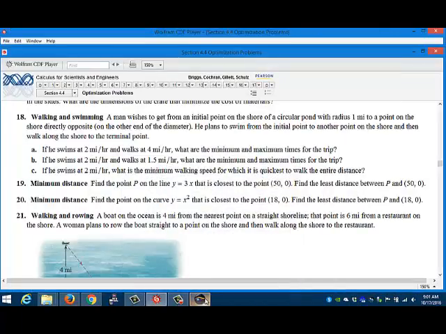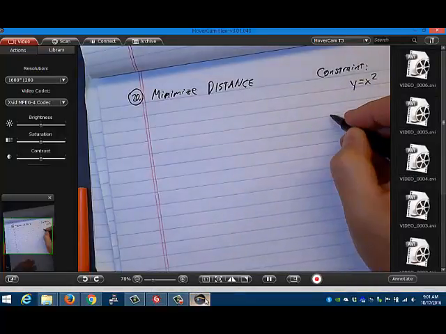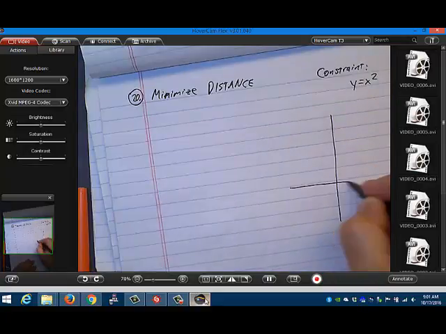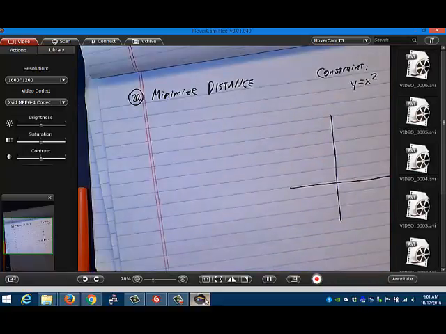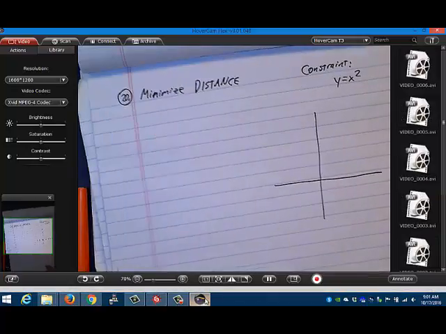Well, find the point on the curve y equals x squared closest to the point 18, 0. So what's the picture? The constraint is really going to be y equals x squared. We're trying to get as close as we can to the point 18, 0.